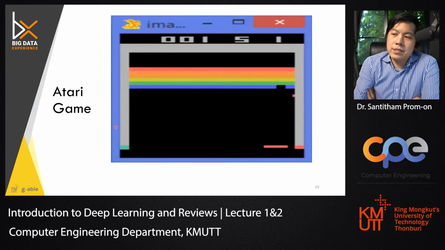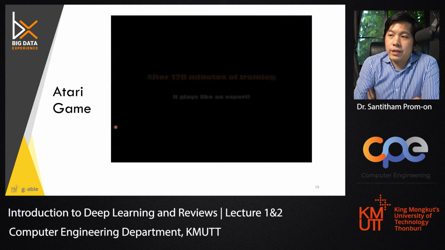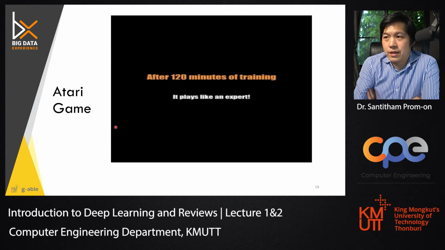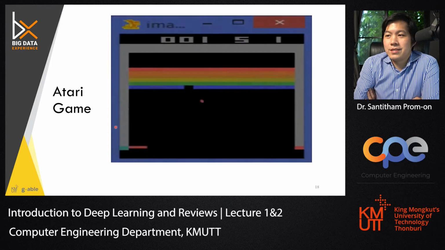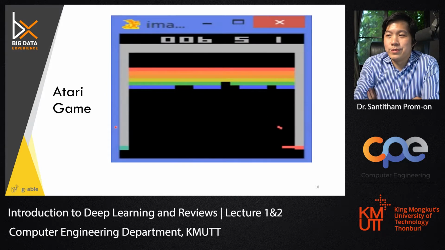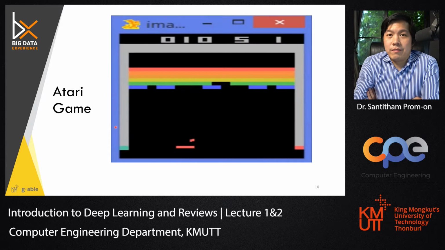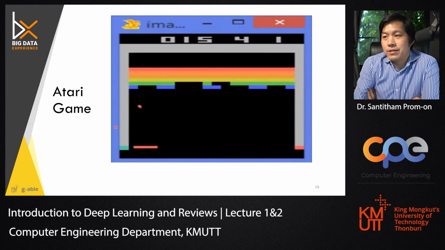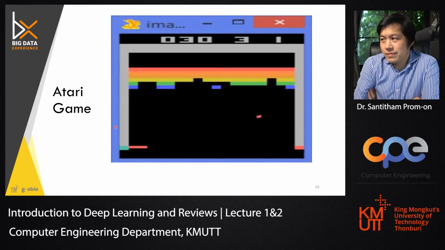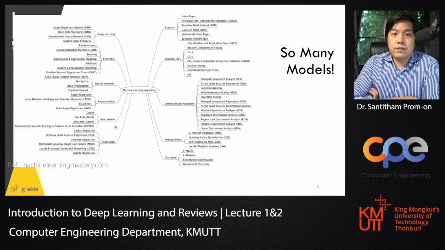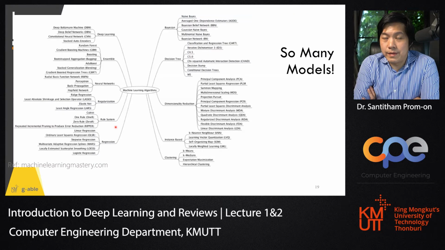And once it misses, there will be penalties to the objective function. If it can hit, it earns some score. After 2 hours of training, it doesn't specify what type of computer it used. You can try it yourself, using deep Q learning to write a game-playing bot like this. Right. So that is reinforcement learning.